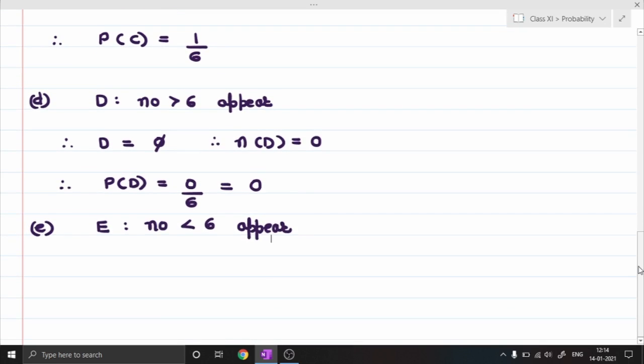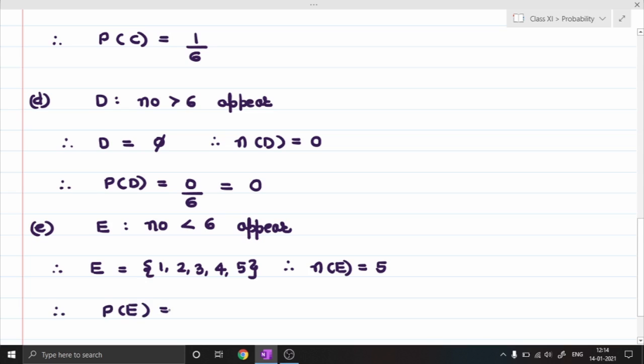There will be 5 numbers. Therefore in the set E, the elements will be 1, 2, 3, 4 and 5. Therefore the value of n of E will be equal to 5, and so the value of P of E is equal to 5 upon 6. So this is your answer for all the parts.